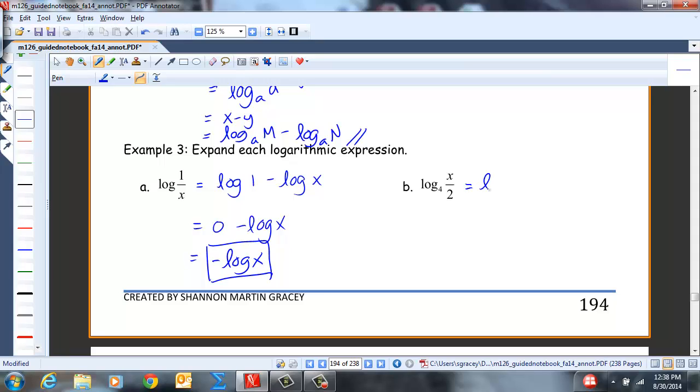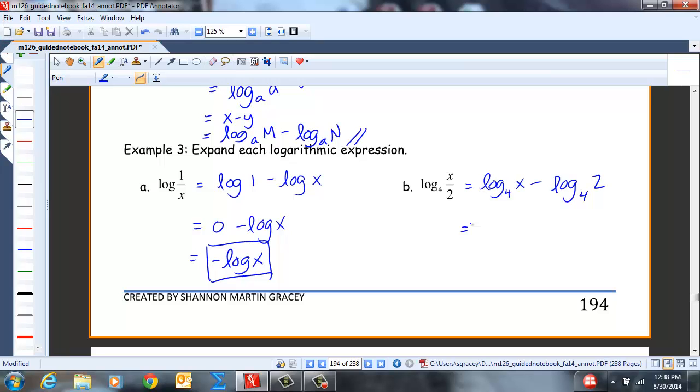And over here, we'll have log base 4 of x minus log base 4 of 2. Can we do anything with that log base 4 of 2? Isn't the square root of 4 equal to 2?